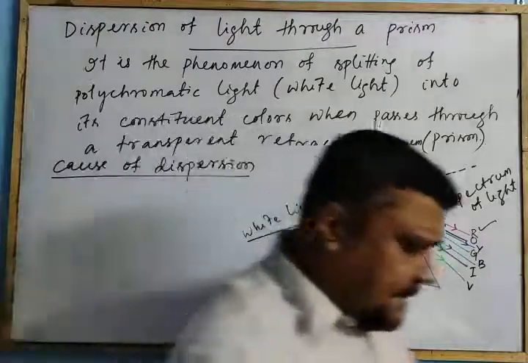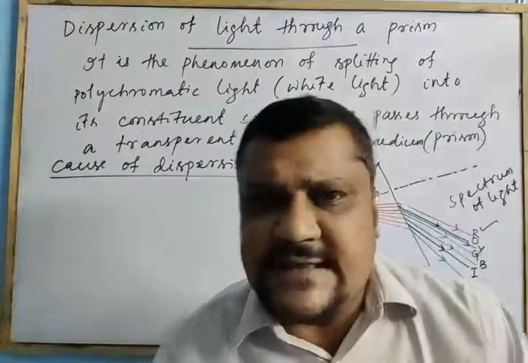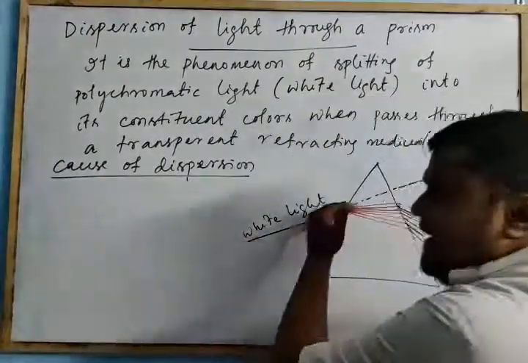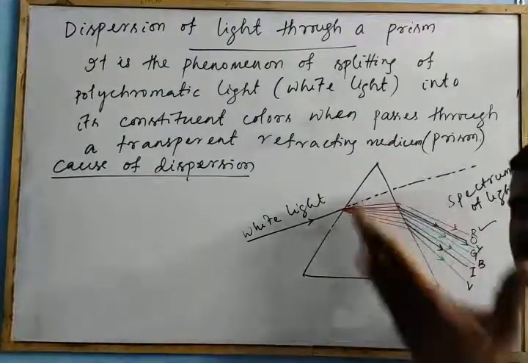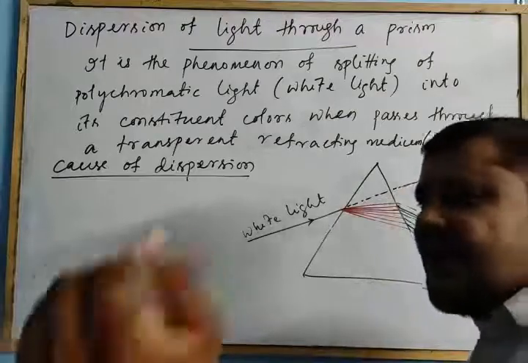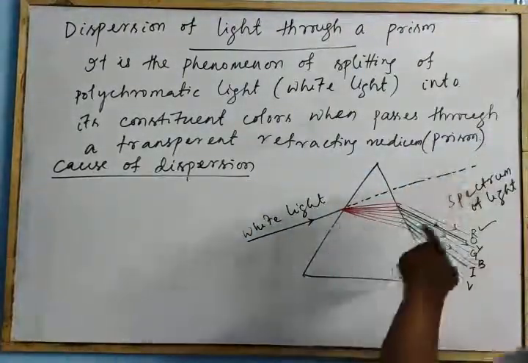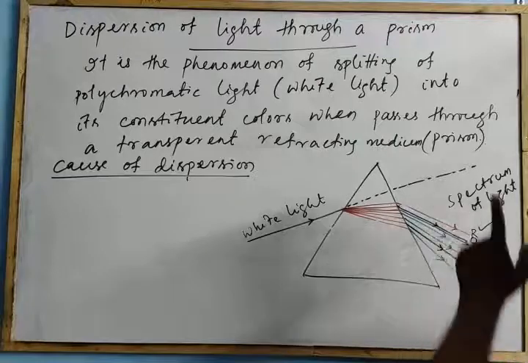The simple logic is that you get the constituent colors. If the white light after refraction came out as white light, then all the wavelengths would be on the same ray, but they are deviated through different angles.